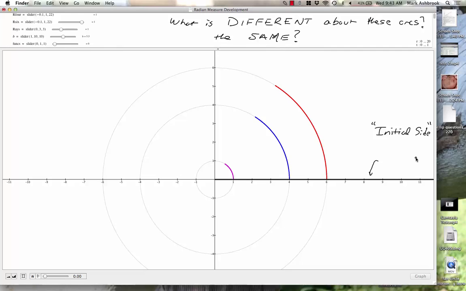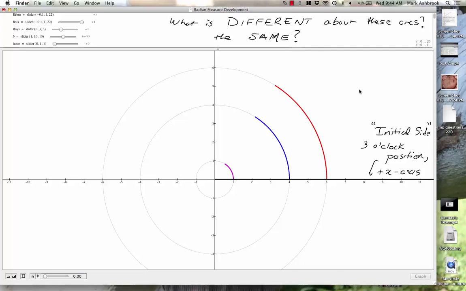If you think about the circle as a clock, they often use this language. Pointing straight to the right from the center is the 3 o'clock position, or also the positive x-axis. So the positive x-axis, or this 3 o'clock position, forms the initial side of the angle.